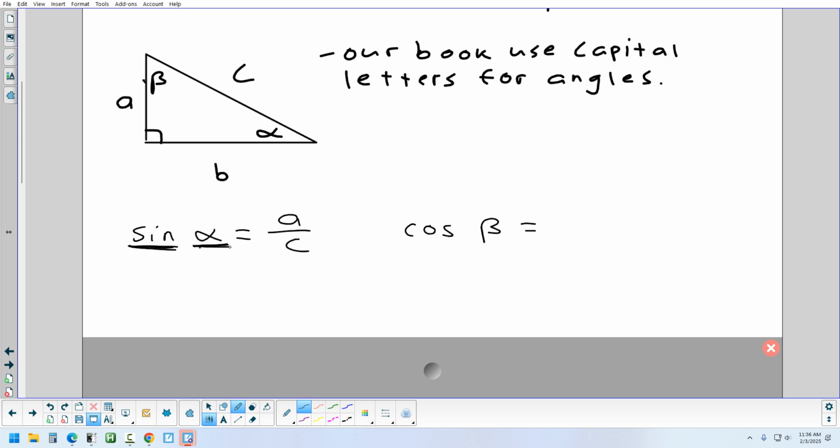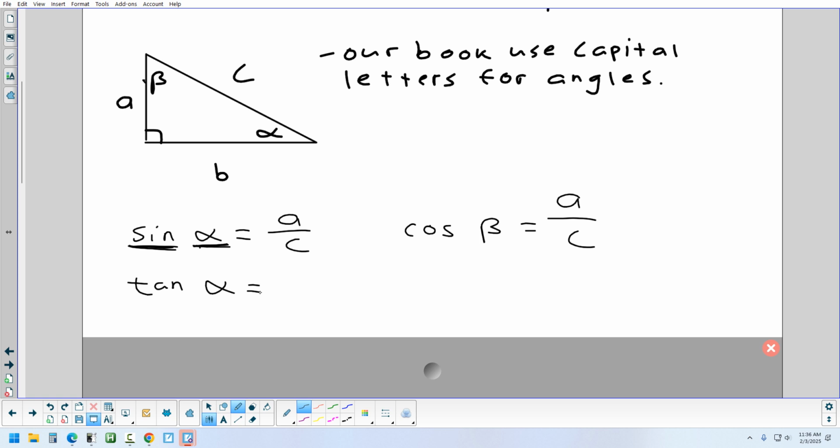And let's see what happens. What is the cosine of beta? A over C. Adjacent over hypotenuse. Yep. They come out exactly the same. Okay, let's do another one. Tangent of alpha. What's the tangent of alpha?